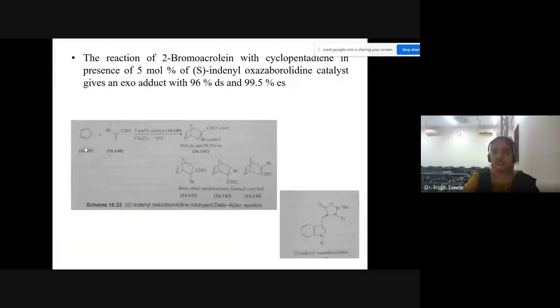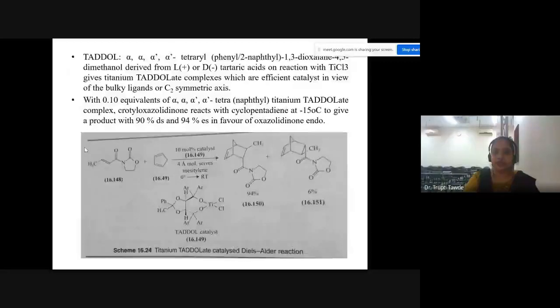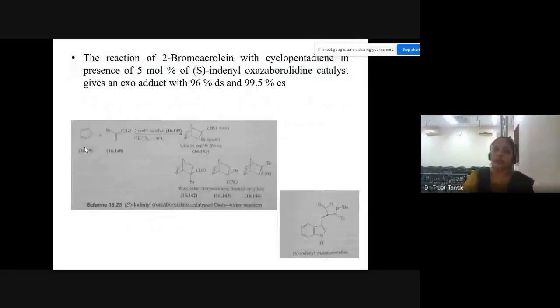The first example we have taken is the, I guess, Corey catalyst, which I wrote ahead. Yes, this is the first example. If you observe here, look at your cyclopentadiene, which is achiral, look at your dienophile, which is achiral, but the catalyst used here, look at this catalyst, this is an indenyl oxazaborolidine.